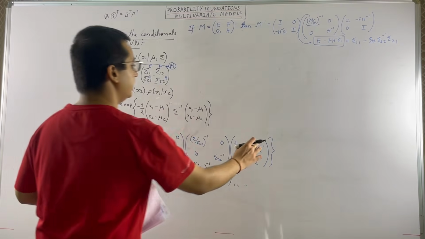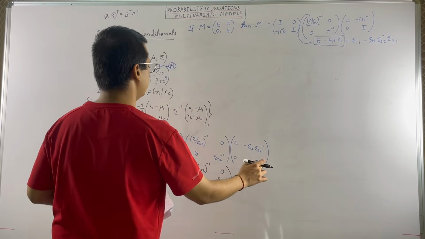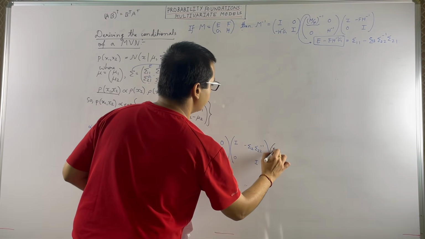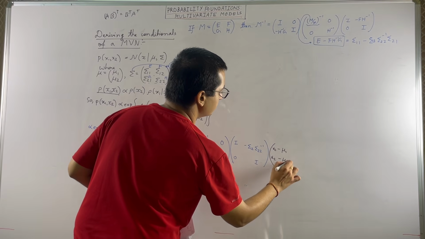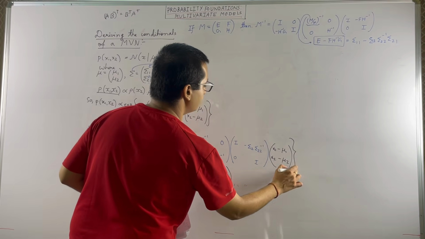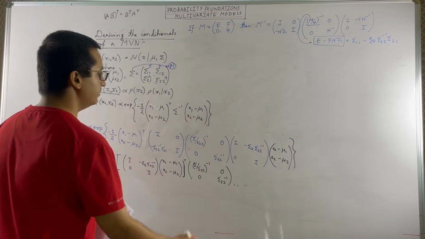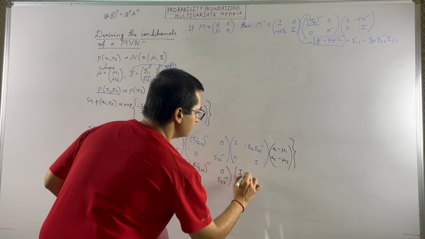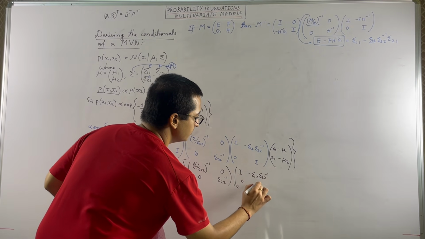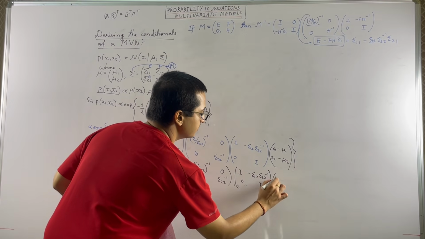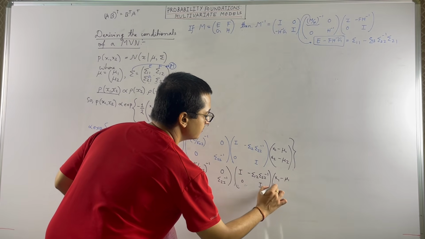And of course, one thing I missed was this term, x1 minus mu1, x2 minus mu2. This thing I missed. So this term will again be what? Sigma 2 2 inverse, 0, I.